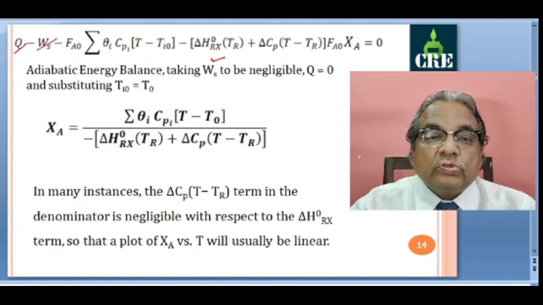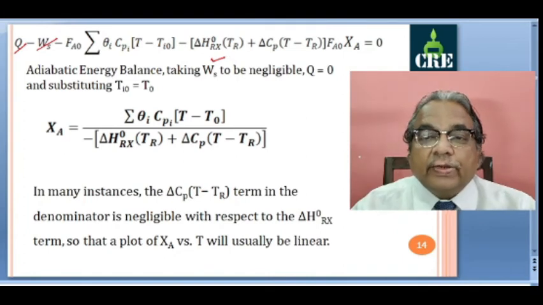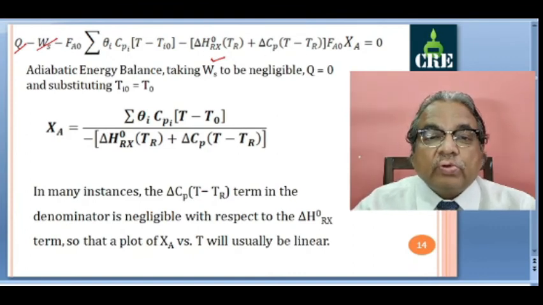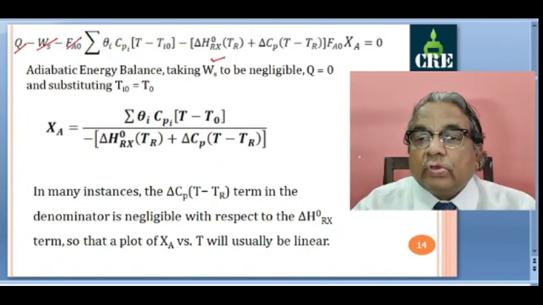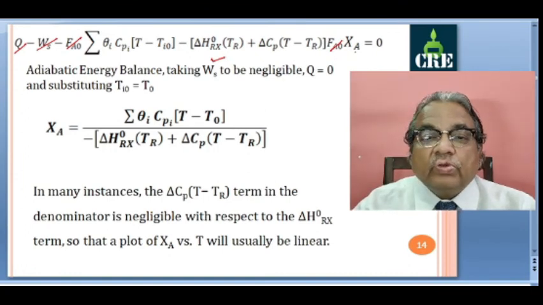So this goes, and if I solve this for XA, so we have this complete bracket multiplied by Fa0 and this also multiplied by Fa0. So Fa0 also can be cancelled out because on right hand side we have 0. And so XA will be simply equal to this minus sign transfer on other side.